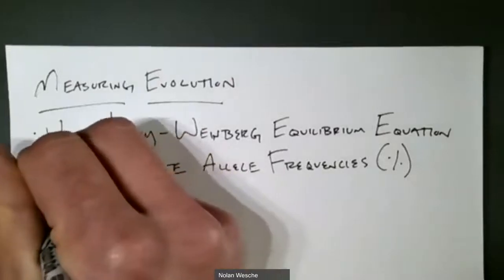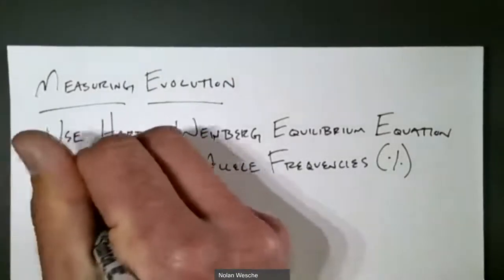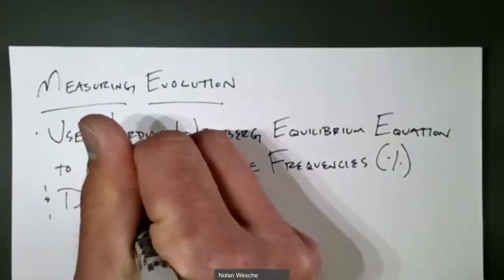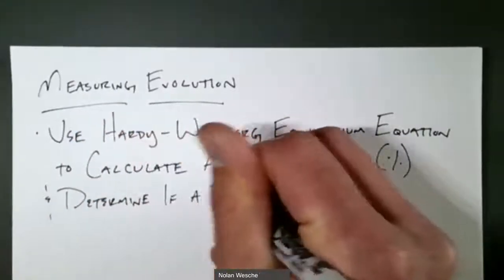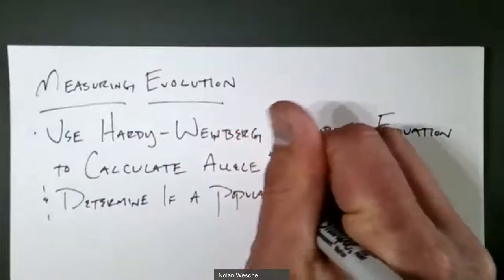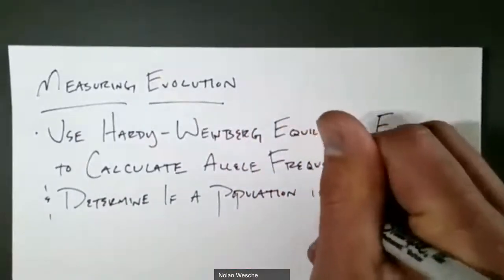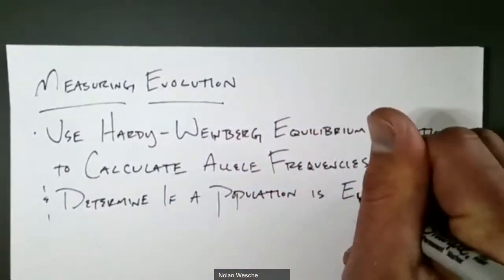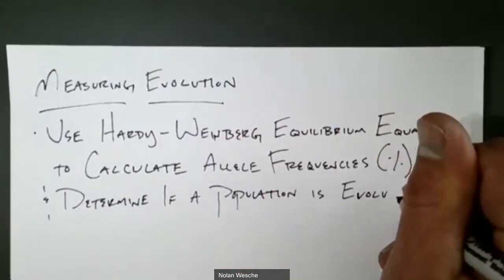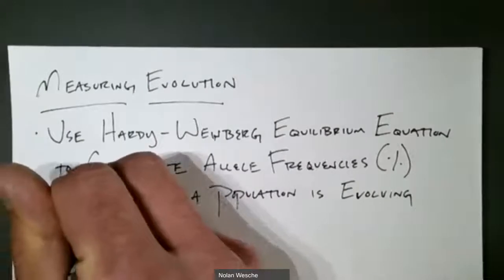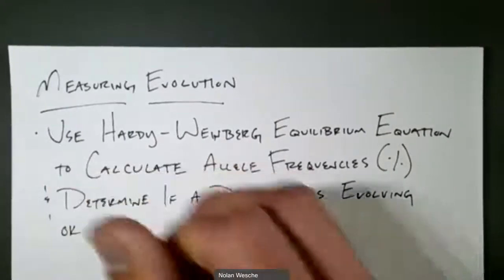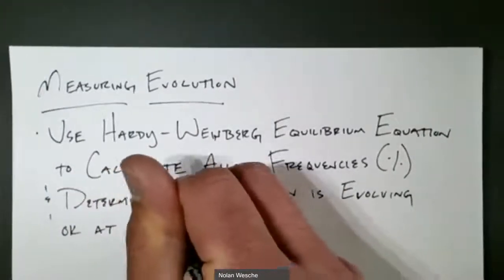And we're going to use these things to determine if a population is evolving or at what we would call equilibrium.